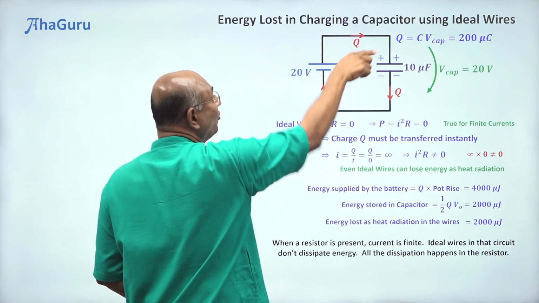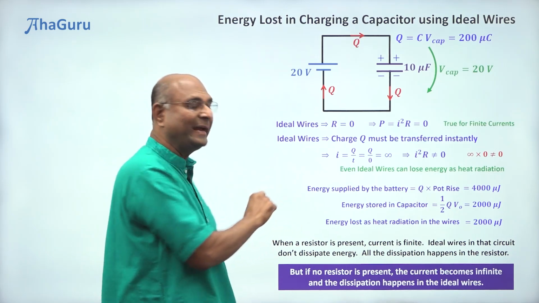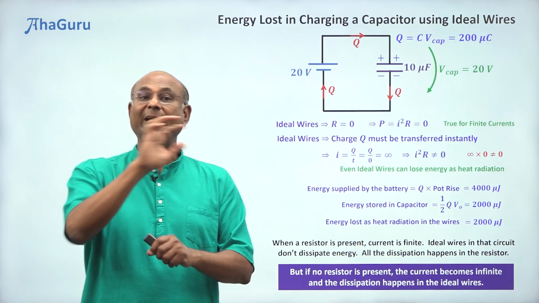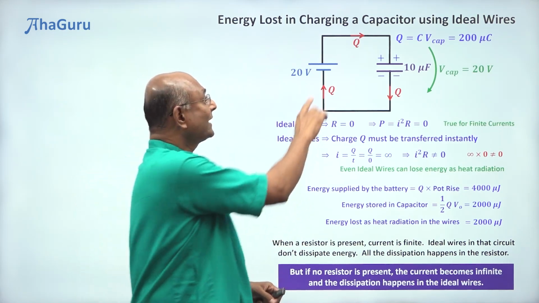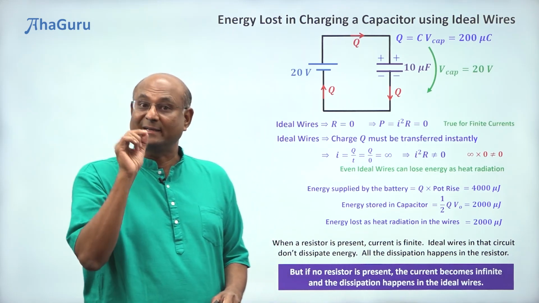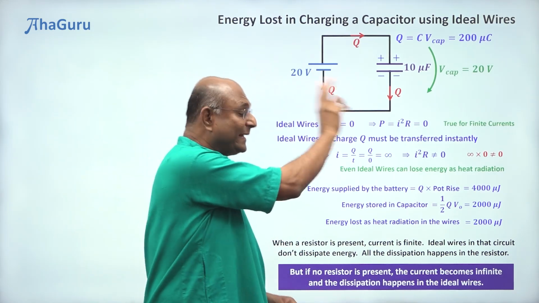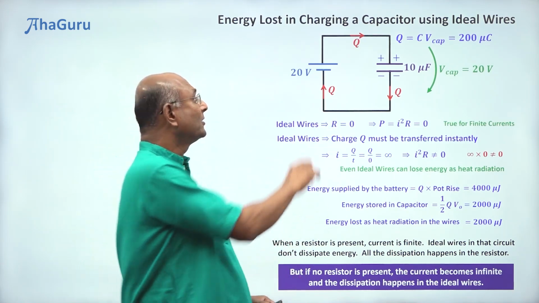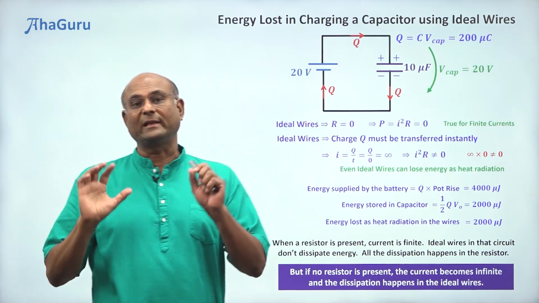But if there is no resistor anywhere, then the current becomes infinite, and in that case the dissipation will happen in that ideal wire. So keep this point in mind, whether you are connecting this capacitor using a resistor or using ideal wires. In either case, heat is lost, because the energy supplied by the battery is not equal to the energy stored in the capacitor.